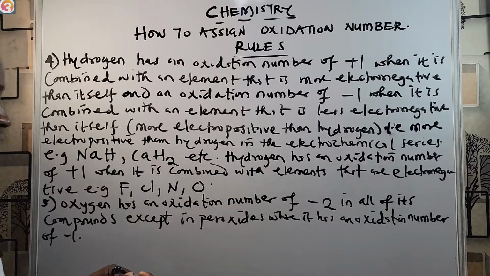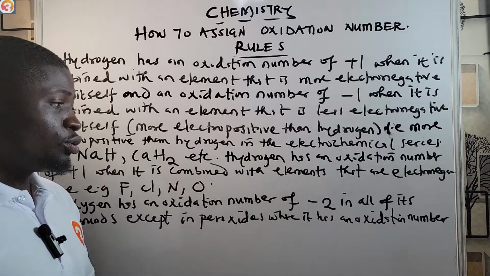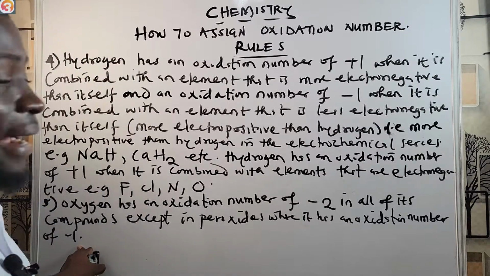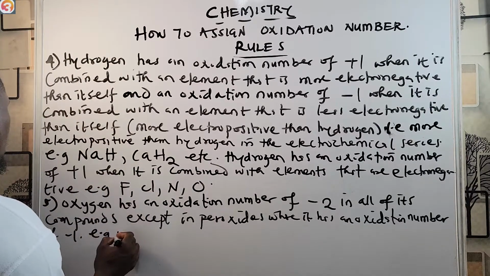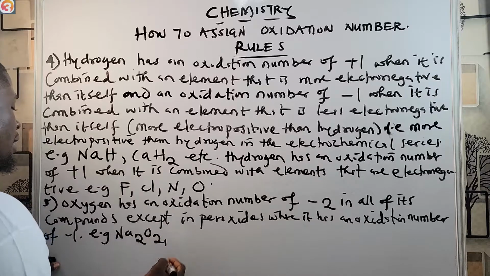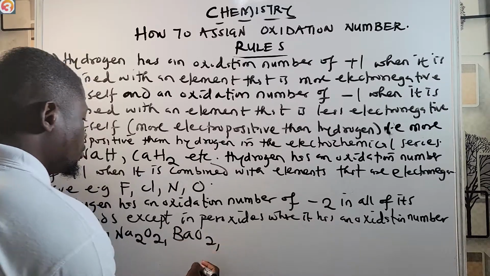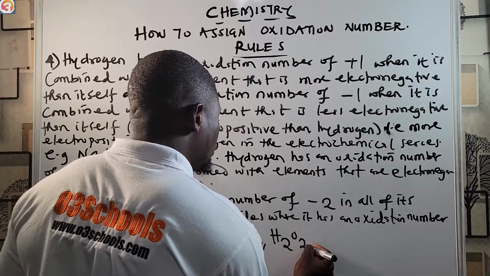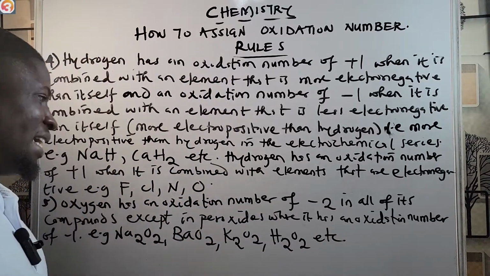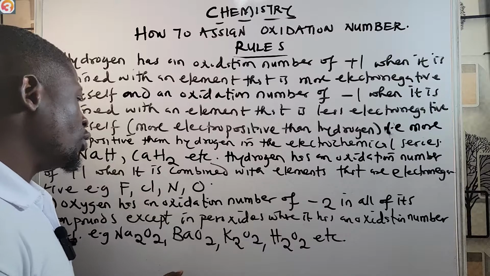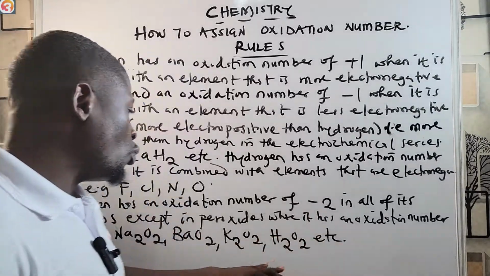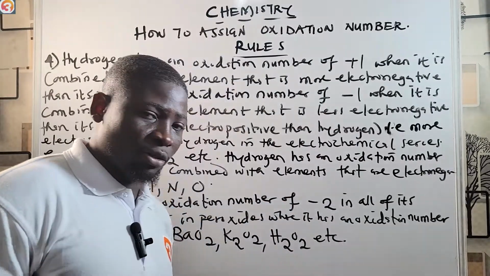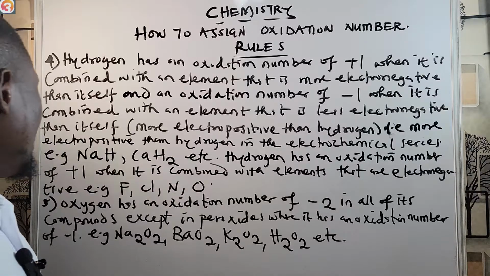I think I hinted this in the last episode. Examples of peroxides are sodium peroxide Na2O2, barium peroxide BaO2, potassium peroxide K2O2, and hydrogen peroxide H2O2, etc. In all of these compounds, oxygen has an oxidation number of minus 1 instead of minus 2. So we have to watch out for them. In peroxides, oxygen has an oxidation number of minus 1 and not minus 2. You have to take note of that very well.